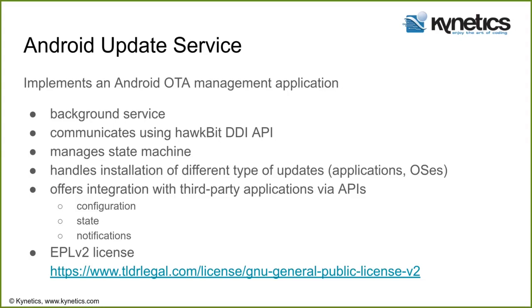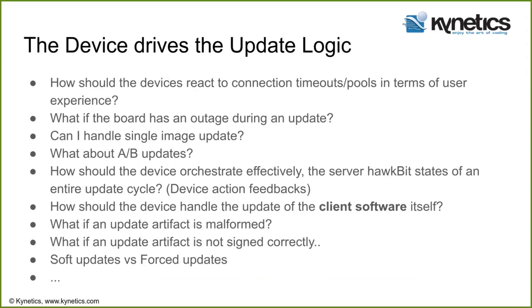And again, this is licensed using the EPL2 license. This is all the stuff that the update service manages. It manages disconnections, things that can go wrong, different update types, and that kind of stuff.